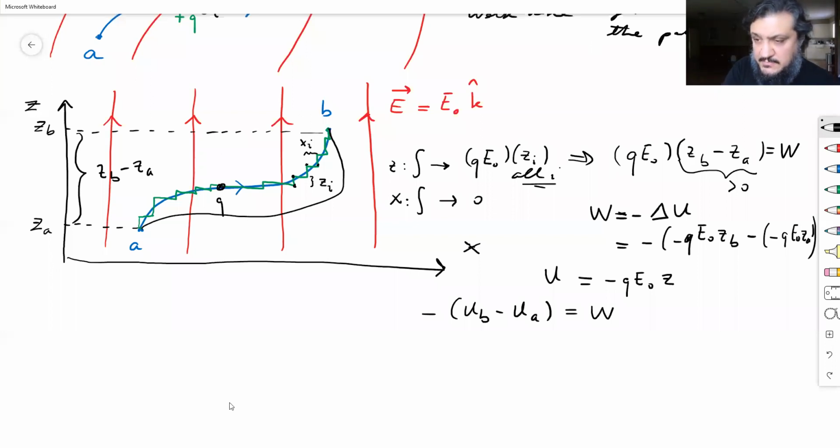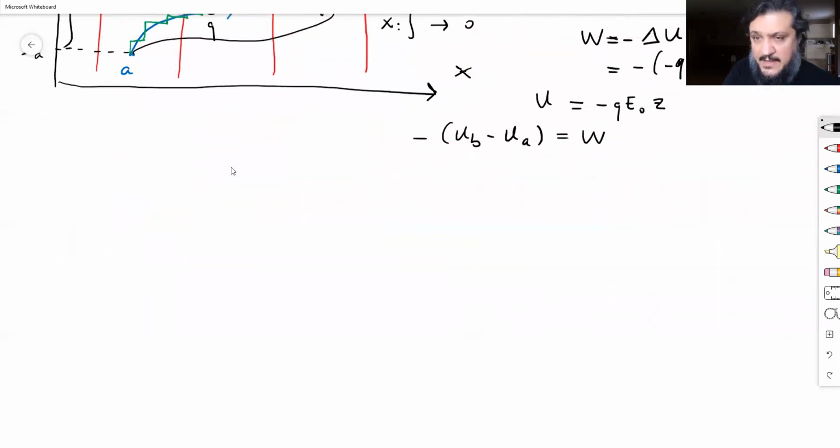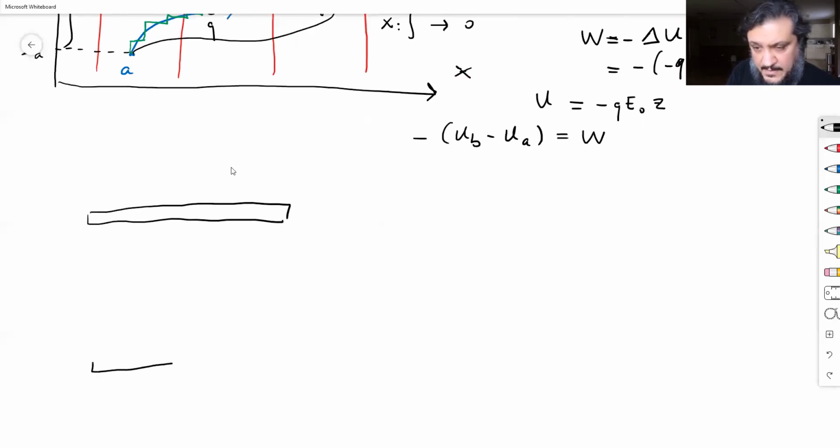So let's consider a couple of cases. First of all, how can we have these uniform field lines? We can use parallel plates charged with opposite charges, and you can do this with a battery. We're going to see these in detail when we do capacitors. So you can charge this one positively and this one negatively.